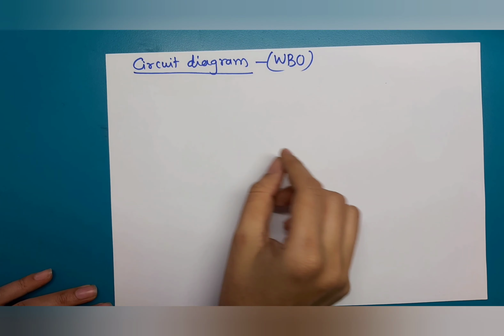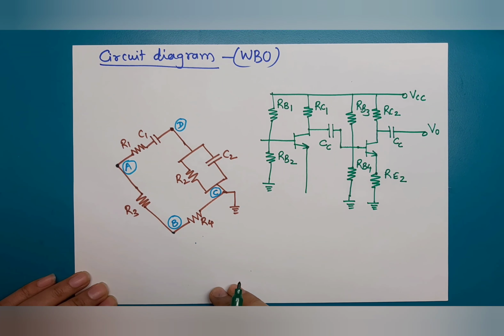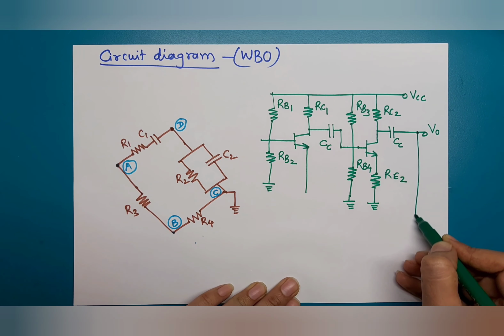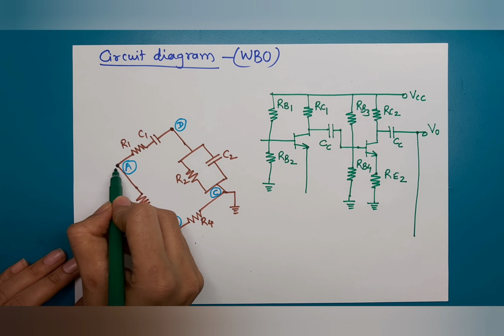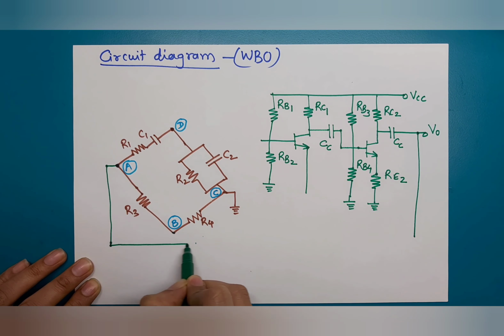Now let us see the complete circuit diagram of Wien bridge oscillator. Output of the amplifier is connected to A terminal as the input to the feedback network.